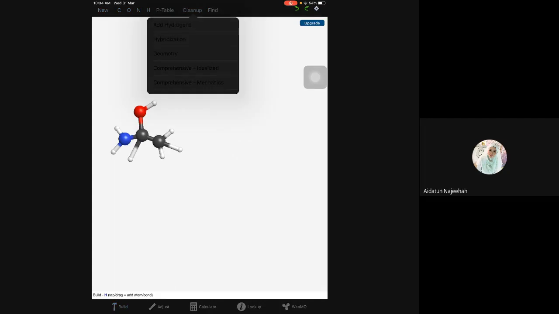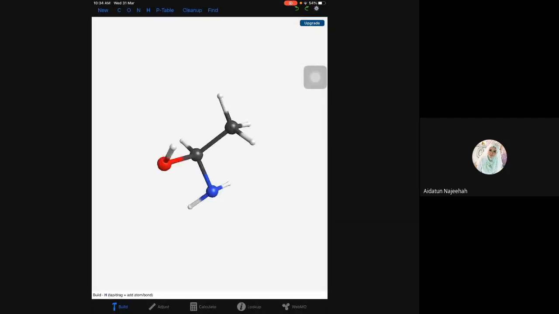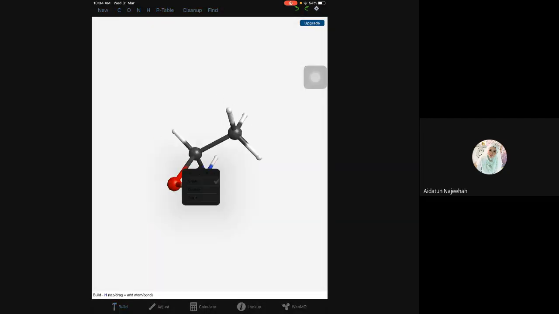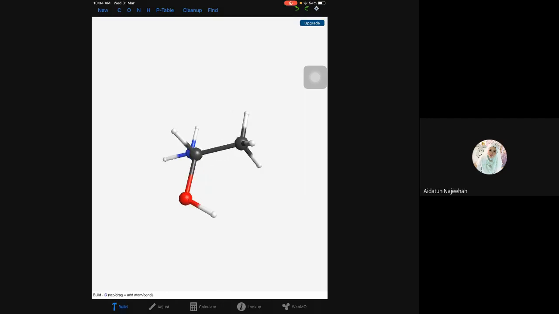So I press clean up geometry. So the carbon in the middle, the black color, is the chiral center, whereby the red one is your OH, the blue color would be your amino group, and this other CH3 would be your methyl, another substituent.